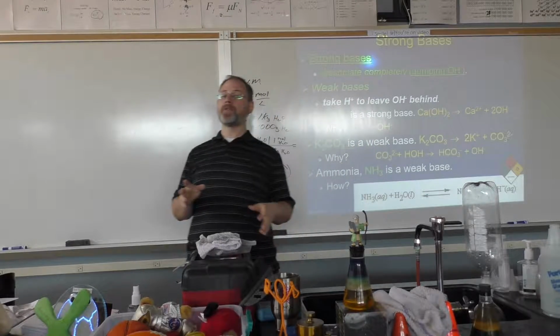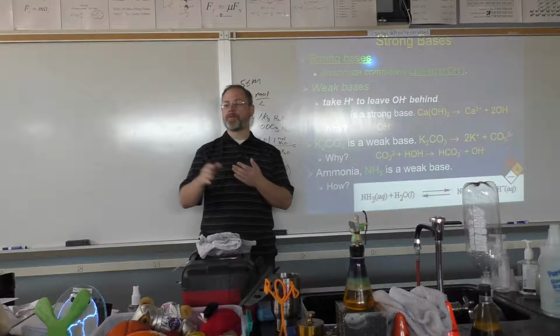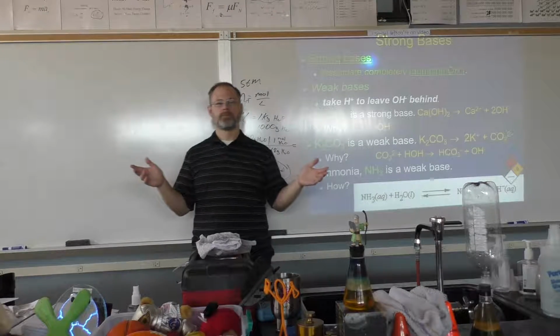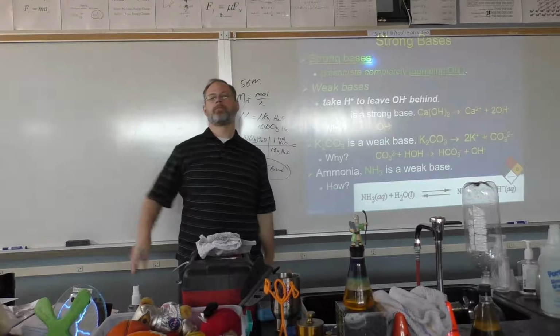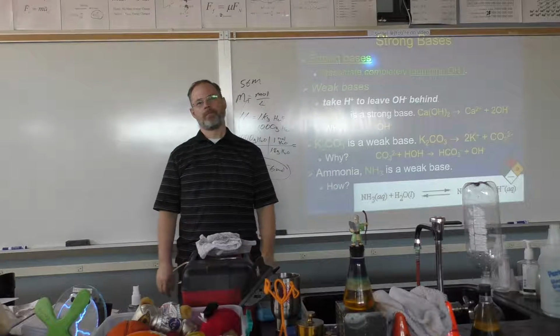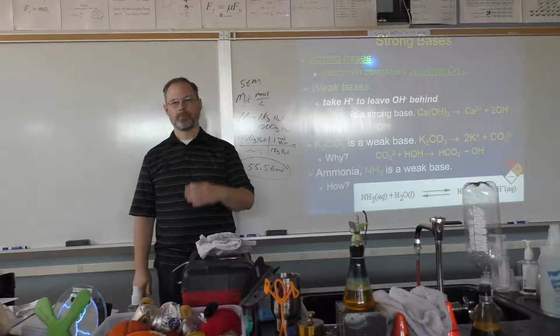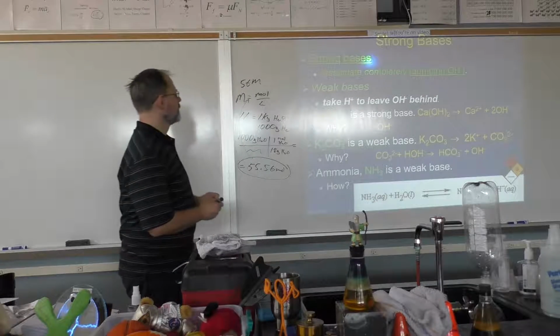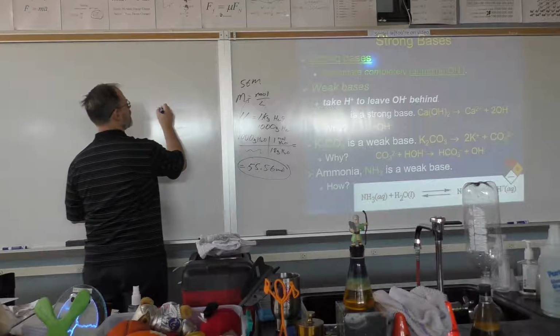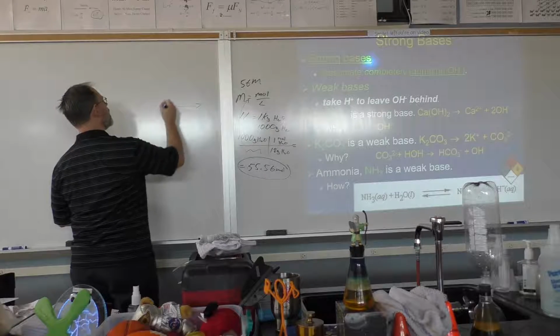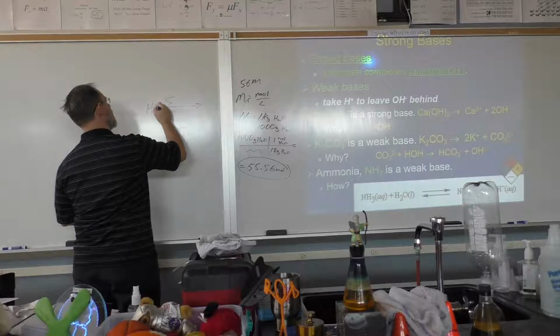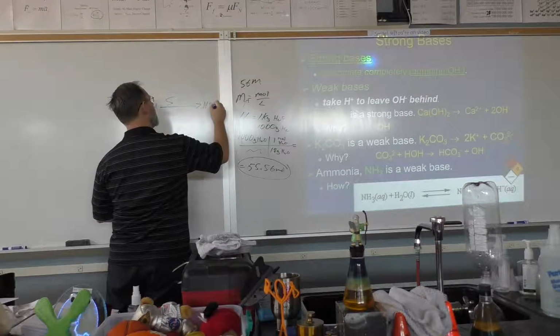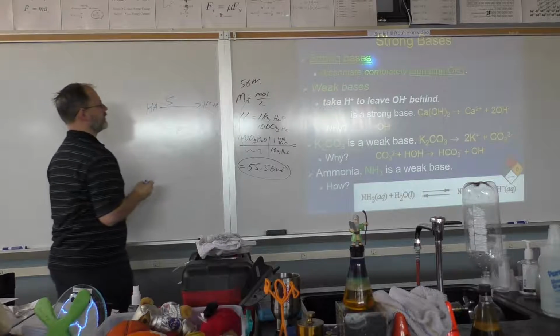Now, what is the biggest difference from yesterday? What is the biggest difference between a strong acid and a weak acid? Right. Weak acids have equilibrium and strong acids go just one way. Weak acids dip the toe and strong acids do a cannonball. A strong acid starts with HA and becomes A minus and H plus.